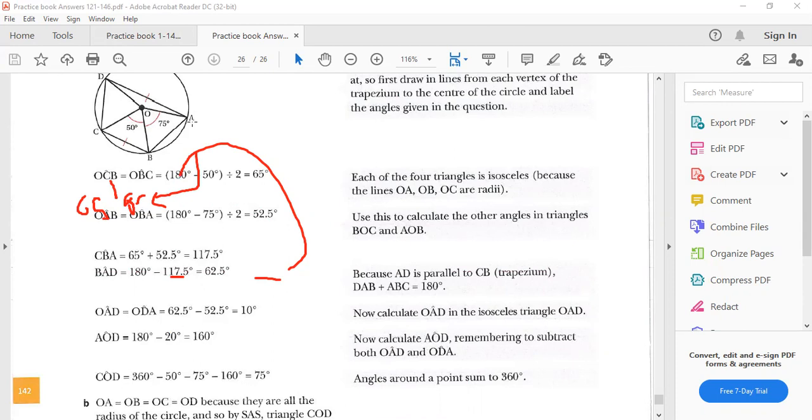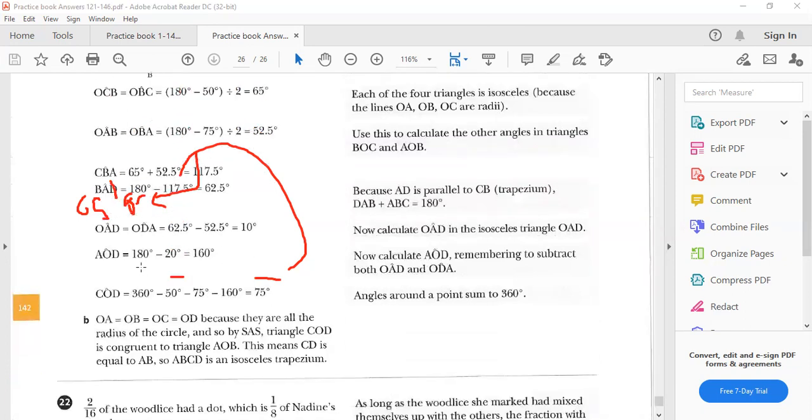That is AOD, so that is equal to 75. As I told you at the start, this side will be the same as this side, so it must be 75.